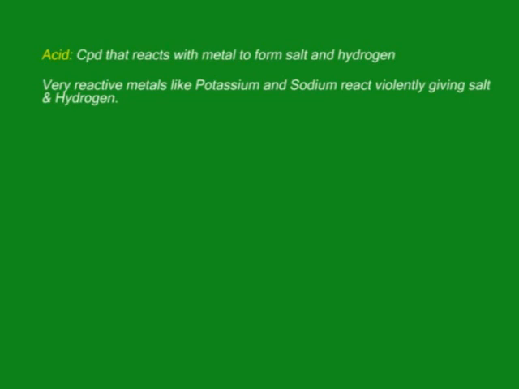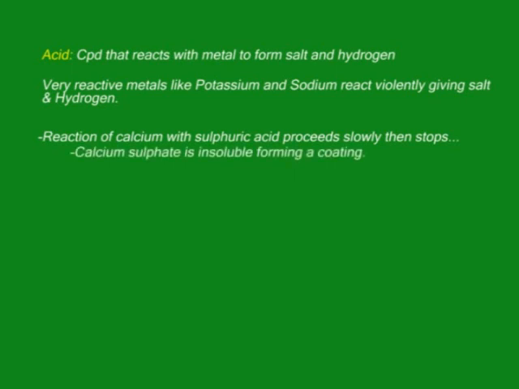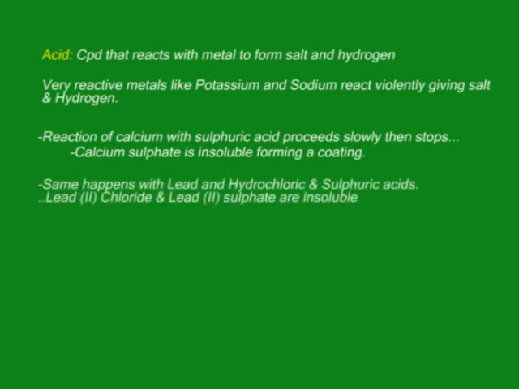However, the reaction between calcium and sulfuric acid proceeds, slows down, and eventually stops. Now the salt that is formed, that is calcium sulfate, is insoluble. It forms a coat on the unreacted calcium, forcing the reaction to stop due to inability of the acid to access the metal. The same thing happens when lead reacts with either sulfuric or hydrochloric acids.